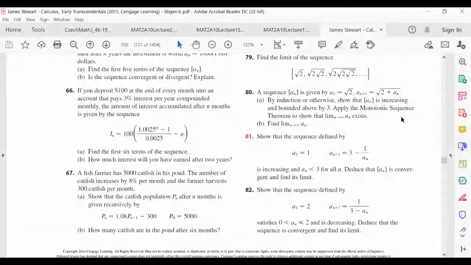Okay, so now you've seen what it does for the first few terms. I wonder if it would make sense to use mathematical induction.